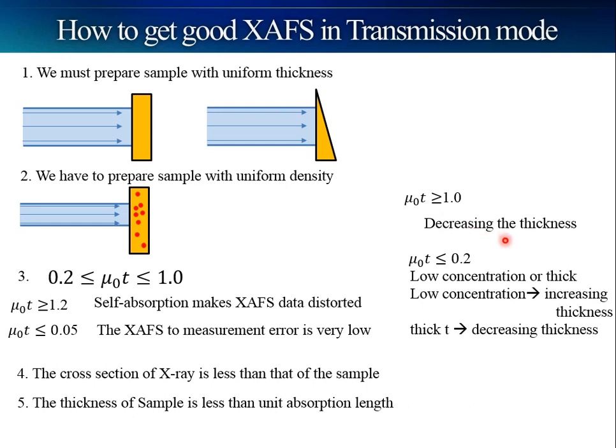When the total absorption step is greater than 1.0, we decrease the thickness of the sample. If the total absorption step is less than 0.2, there are two possible problems: low concentration or too thick a sample. For low concentration, we increase the thickness, and for too thick a sample, we decrease the thickness of the sample.